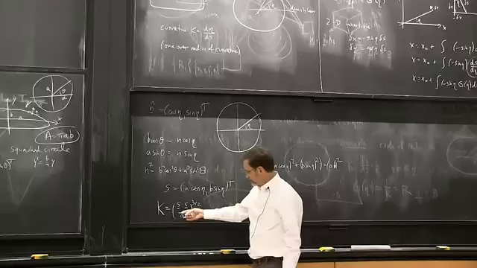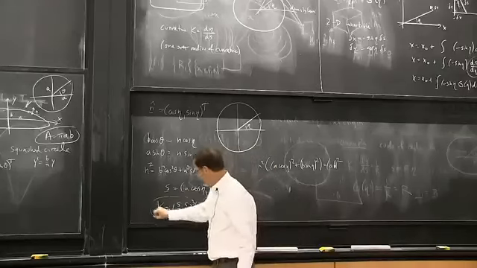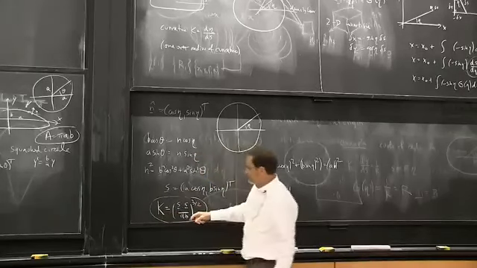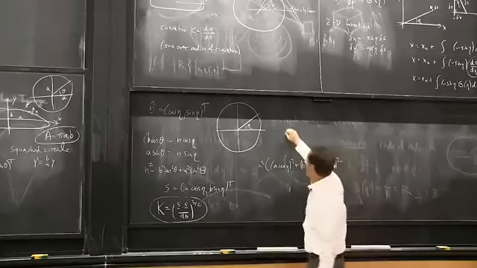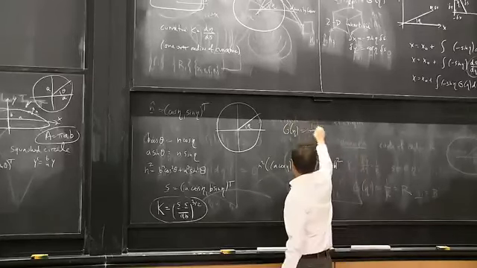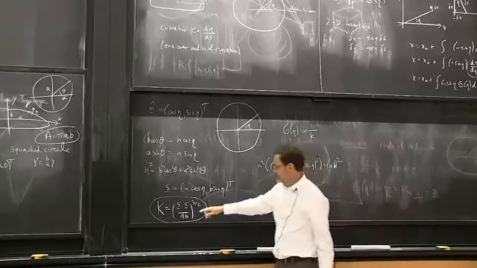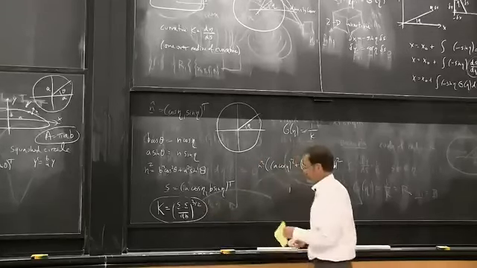The important thing is that this is what we end up with. And the quantity we're interested in is just the inverse of that. G is 1 over k. So this is the curvature, and the quantity we want is the inverse of the curvature.